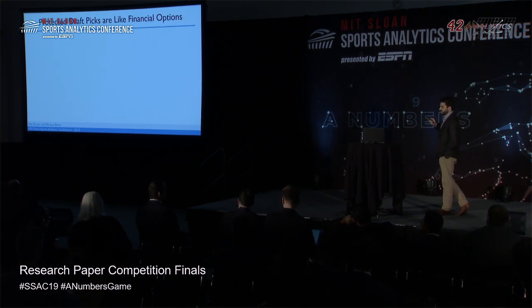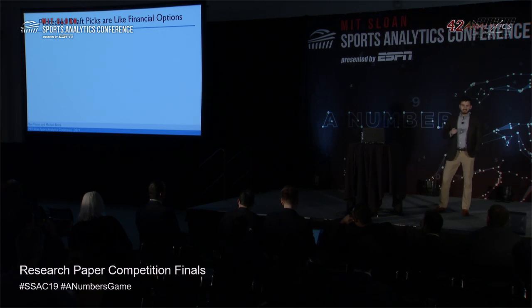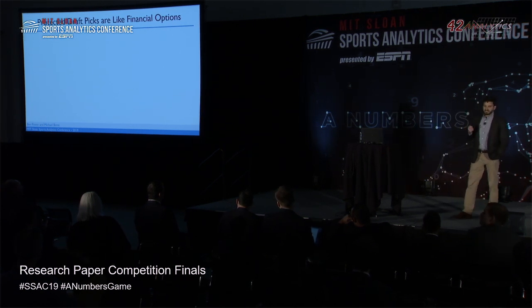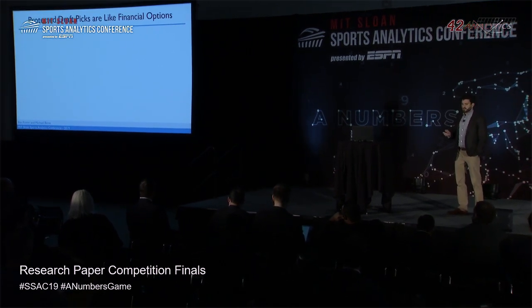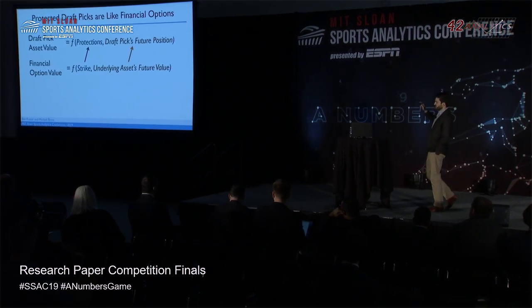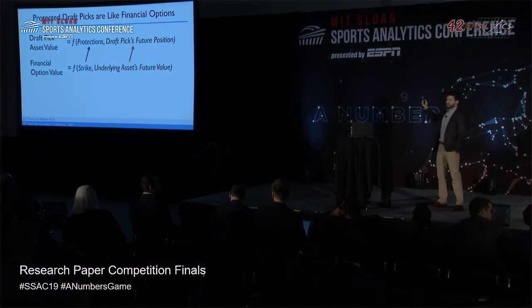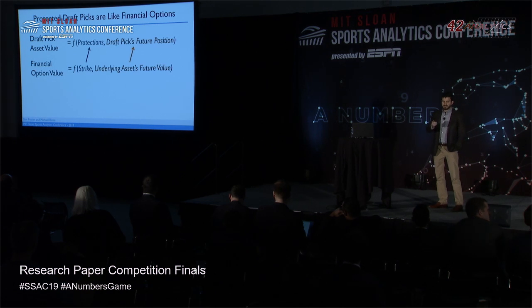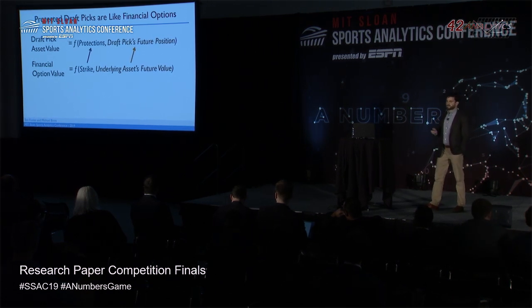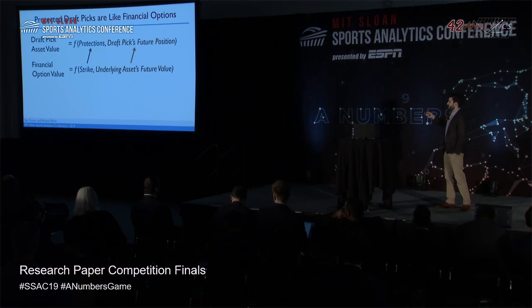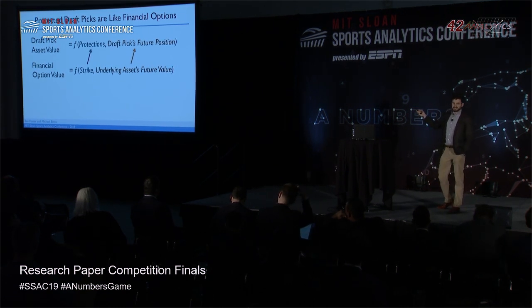Okay, so the basis of our modeling efforts are that we noticed that protected draft picks behave a lot like financial options. I'll give you a very coarse overview of what that looks like, but these structures, the first one for the draft pick asset value and the second for financial option value, have a lot of parallels. There's lots of complicated mathematics behind how we build out financial option value models.